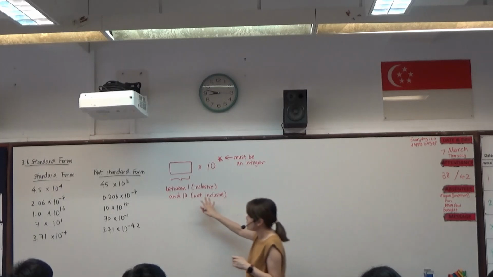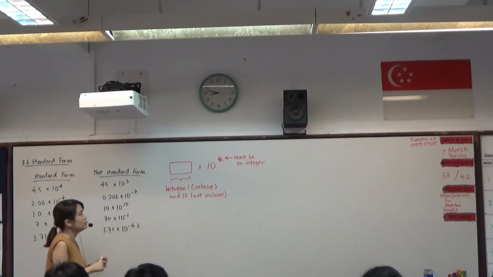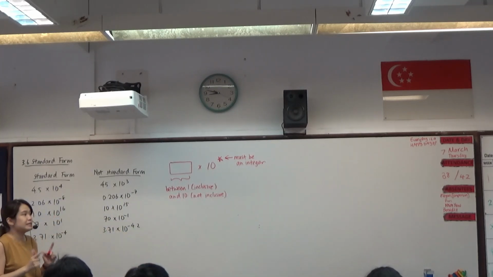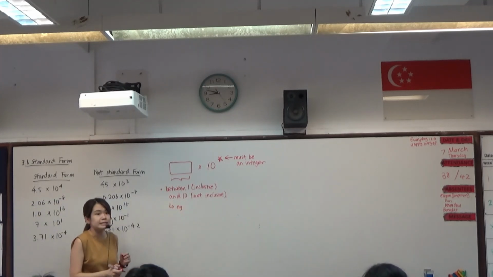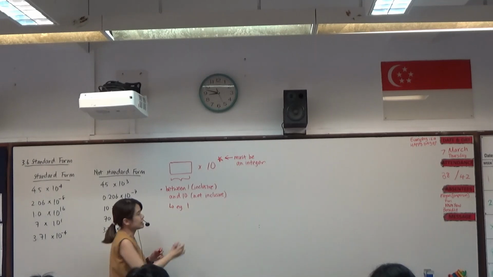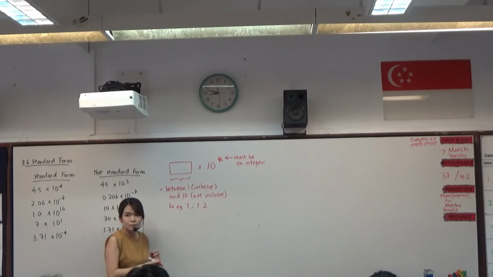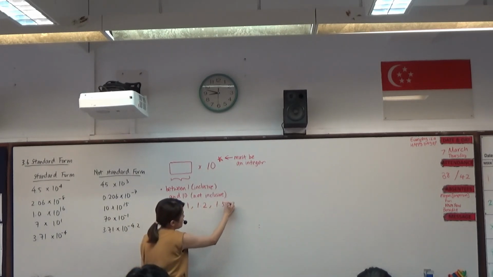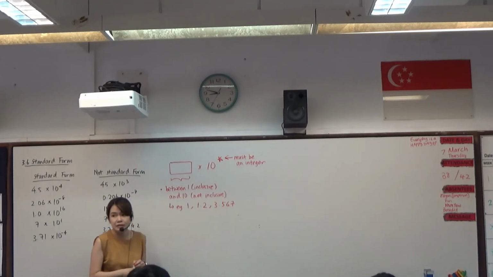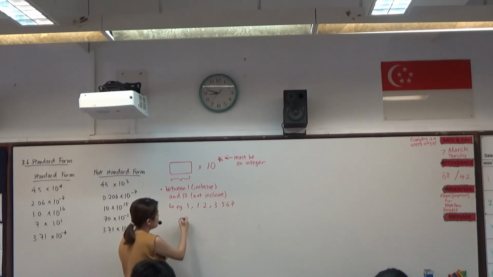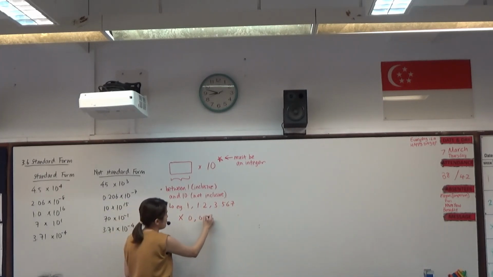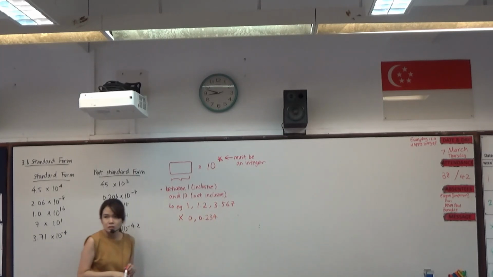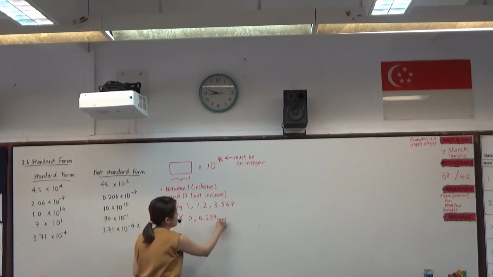Maybe first we understand this thing from Jovan. Between 1 inclusive and 10, it means it can be numbers like 1, like 1.2, 1.567, 3.567, but it cannot be 0, neither can it be 0.234, and it also cannot be 10.